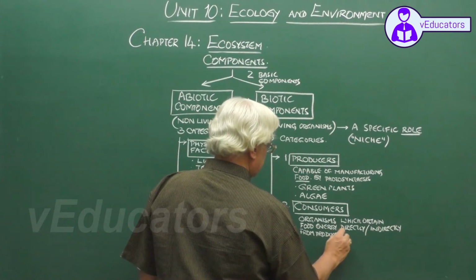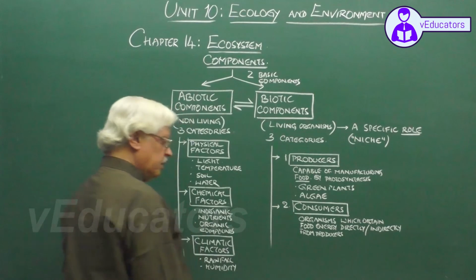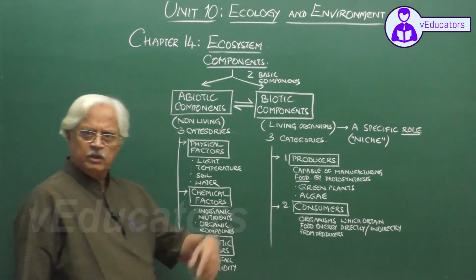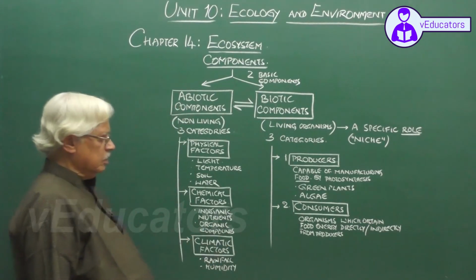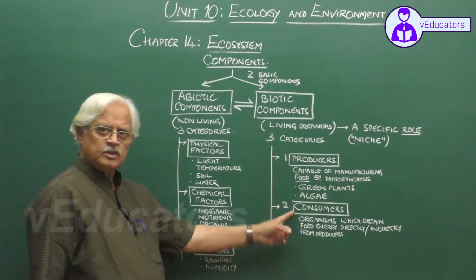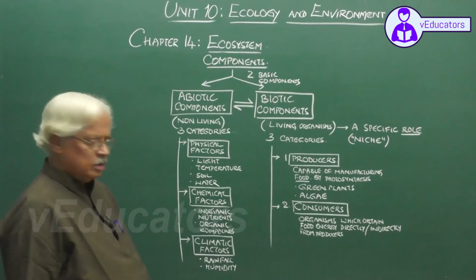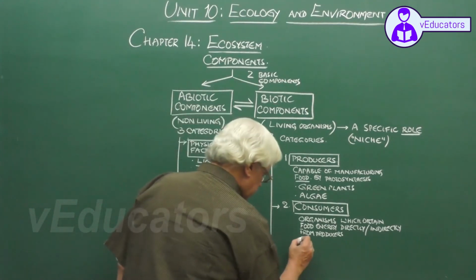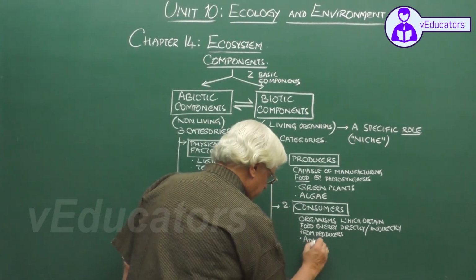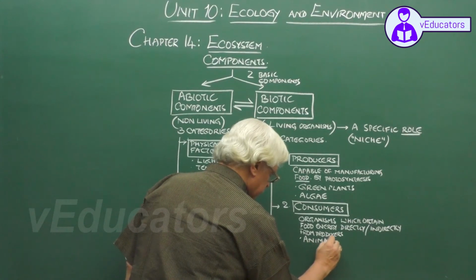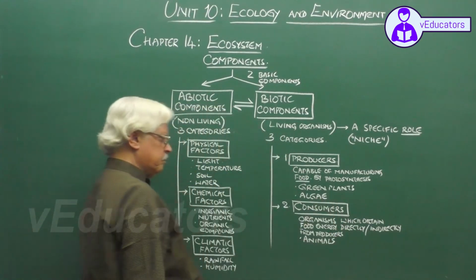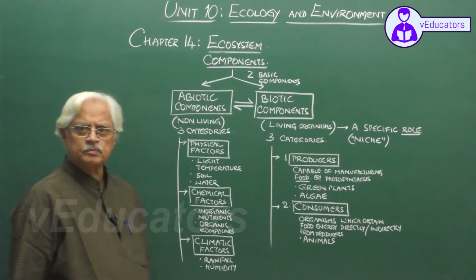So by feeding on the producers or by feeding on other organisms which have fed on producers, these living organisms obtain their food energy. Therefore, they are called consumers. In the ecosystem, the consumers are represented by animals.